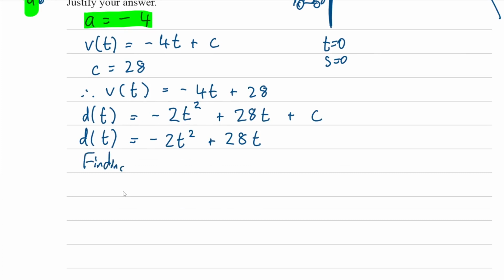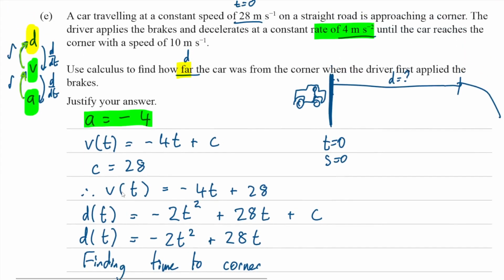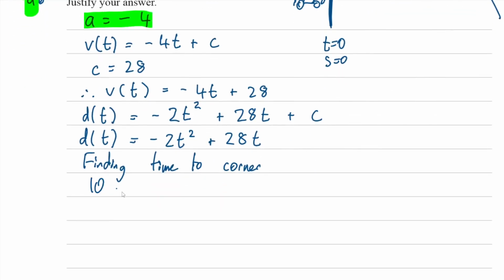So finding time to corner. Again, using the speed equation, they are traveling at 10 meters per second. And we know that equals minus 4t plus 28.